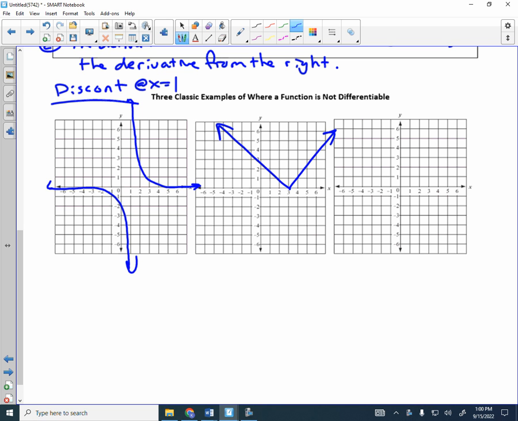Because it has more than one line to it. Okay. Say more. What's not the same? The derivative from the left is negative, but the derivative from the right is positive. You see how the slope is not the same for both sides? So therefore, at x equals 3, you cannot take the derivative there.